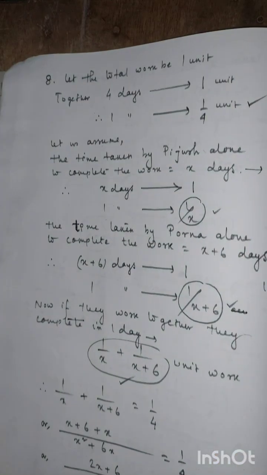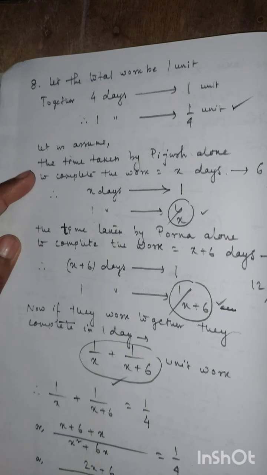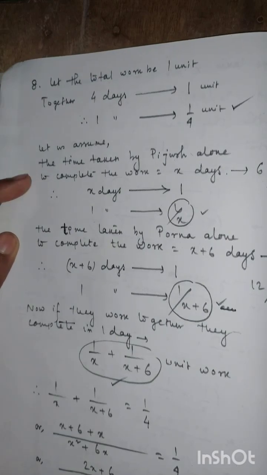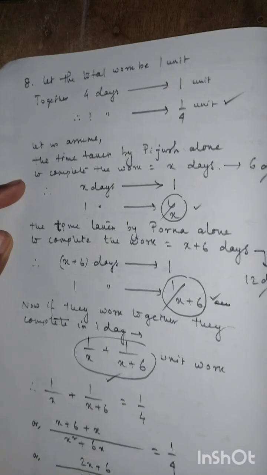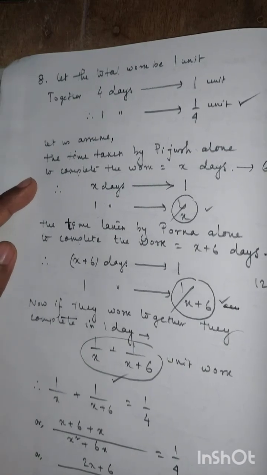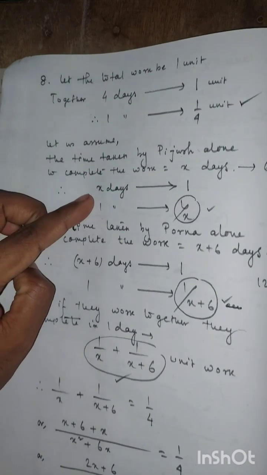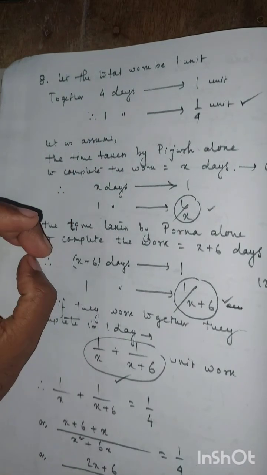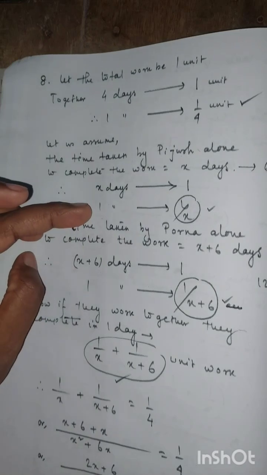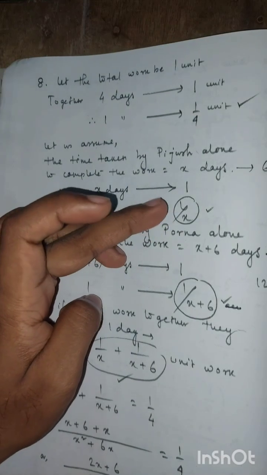Now let us assume the time taken by Piyush alone to complete the whole work be x days. So in x days he completes 1 unit of work. So in 1 day he will complete 1 by x unit of work. So this is the efficiency of Piyush.